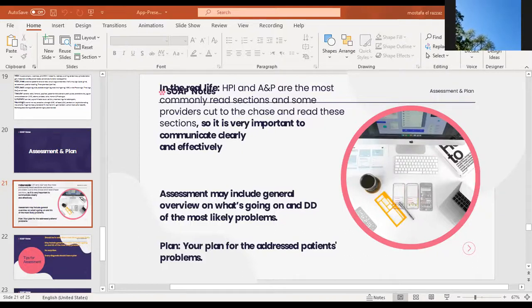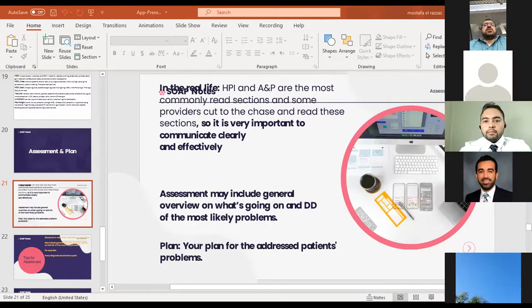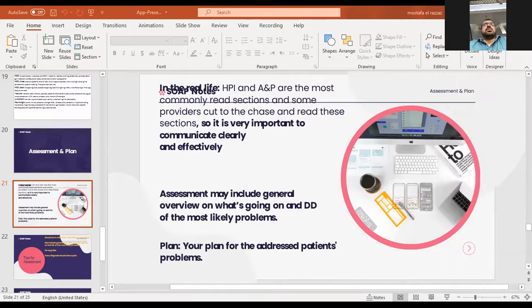So what's the progress, what's going on with each patient each day, and everyone, consultants and primary, should look at your note as the resident and know exactly what is going on with the patient, because subspecialists' notes typically tend to be more focused.